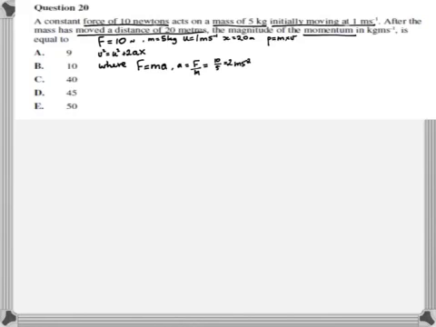Now taking that value for a, we put it into our final velocity rule and work out our final velocity, and we get 9 meters per second. From that, we can evaluate momentum: 45 kilogram meters per second. So it must be D. It's option D bonanza.